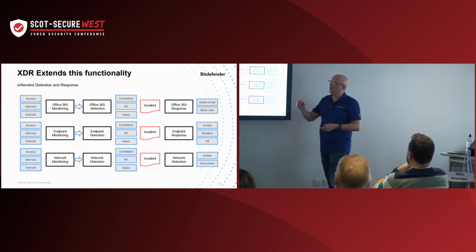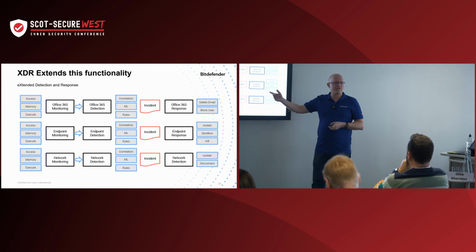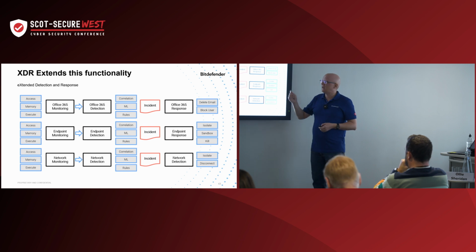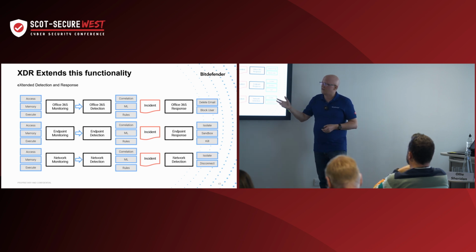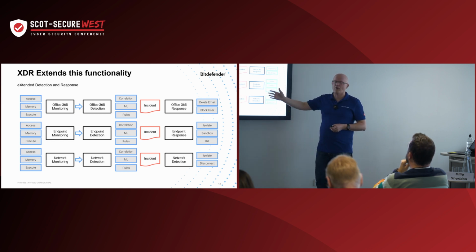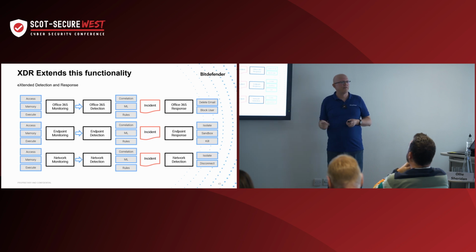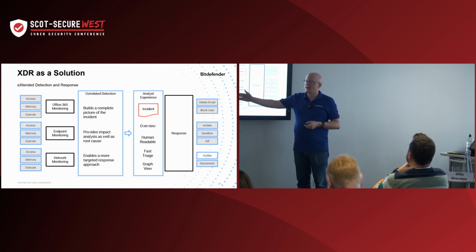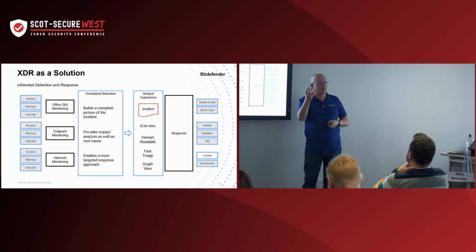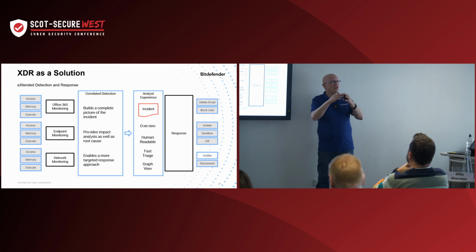So when we extend with XDR, we can tie that endpoint activity in with other telemetry we've taken from other sources, such as Office 365 or network traffic. Then if we integrate this, we're able to correlate that detection, which is what we're doing within the cloud, and visualize it in a way that really makes sense.